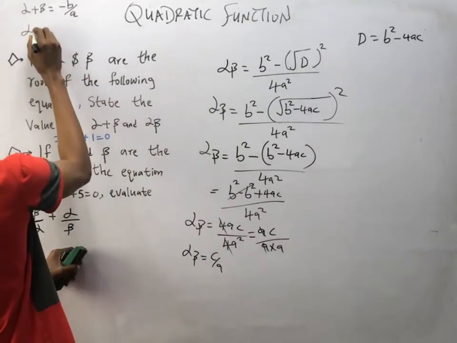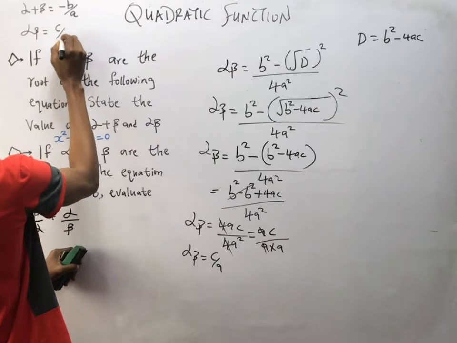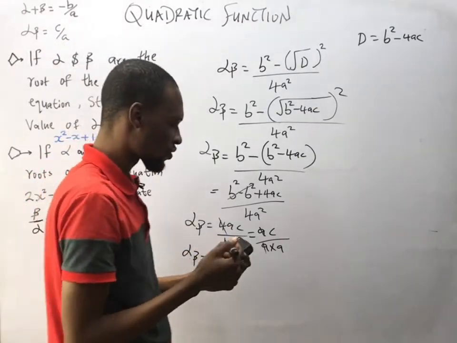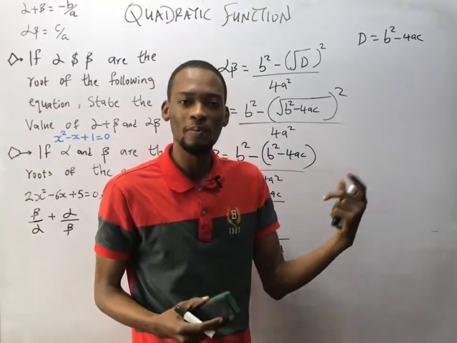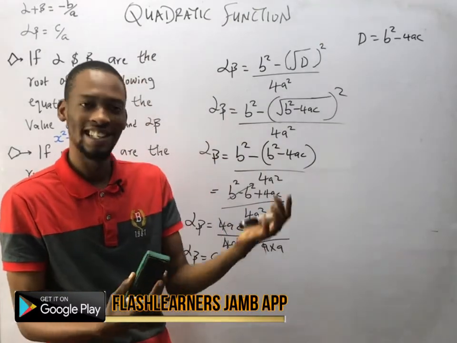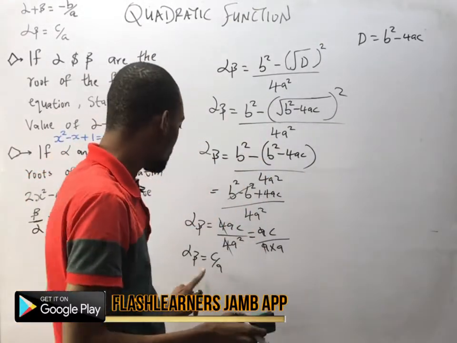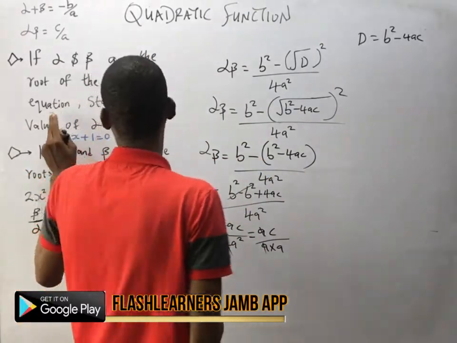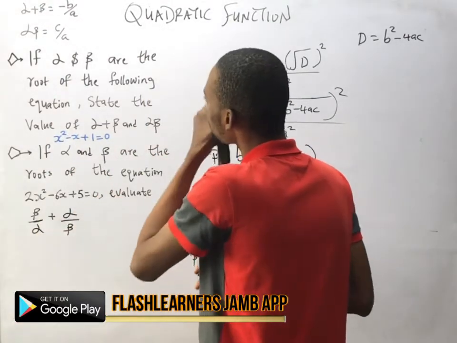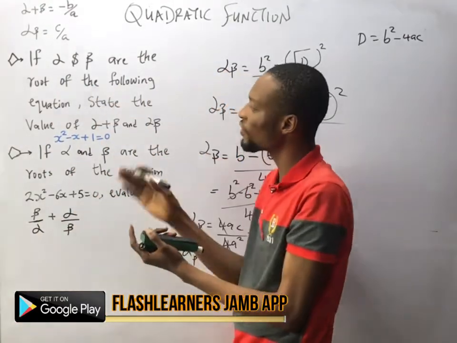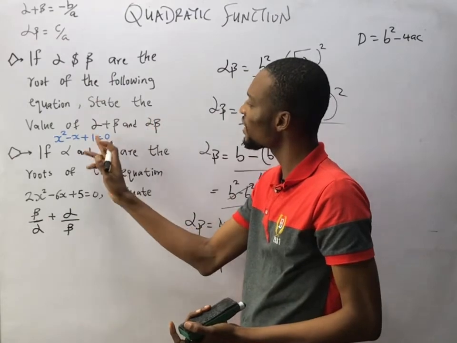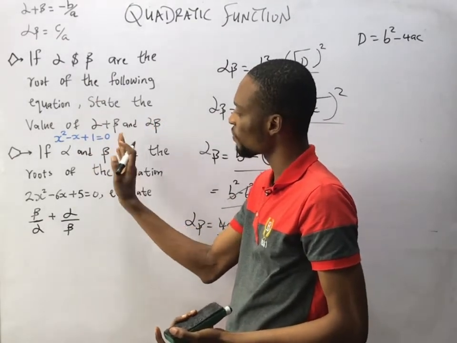So now you may be wondering, how does this change the price of garri in the market? Yes, it does. Look at this. We have this and we have this. For the first question, it says that if alpha and beta are the roots of the following equation, state the value of alpha plus beta and alpha beta.